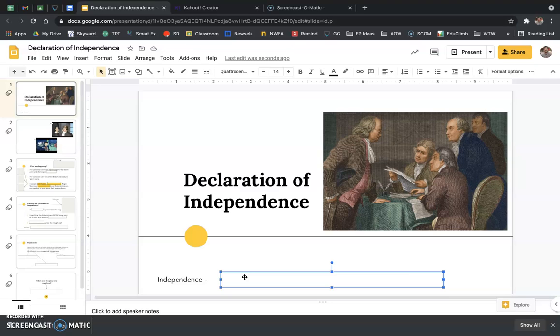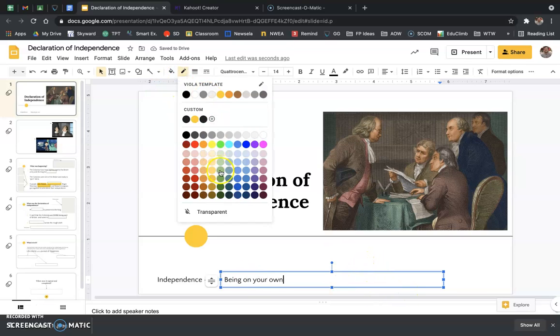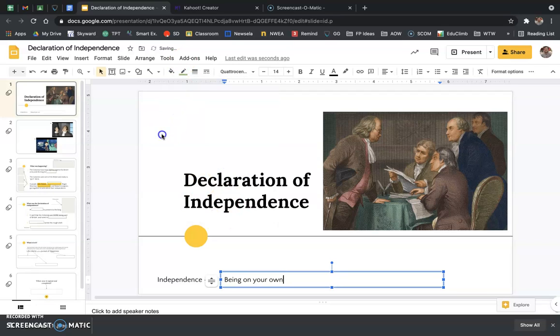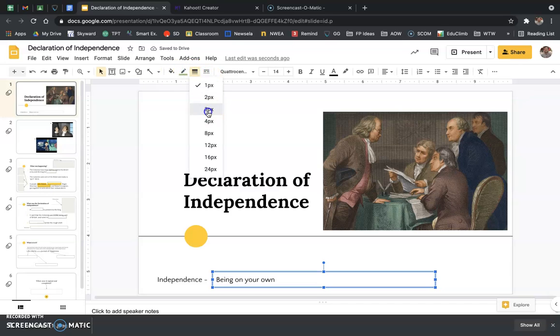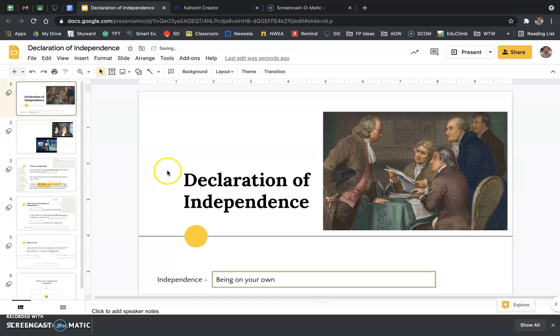Declaration just means we're saying something, right? And independence means being on your own. That's what the colonists were trying to do. They did not want to be with the king anymore. They were declaring that they are going to be independent. They're going to be all on their own.